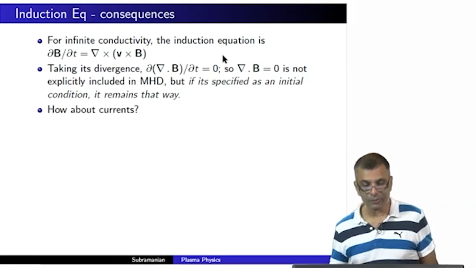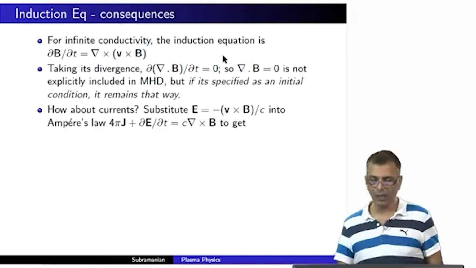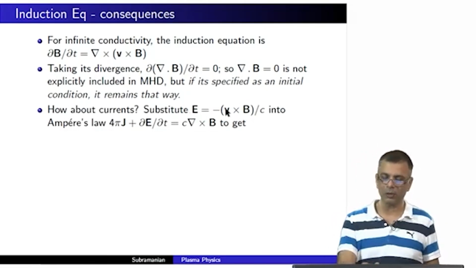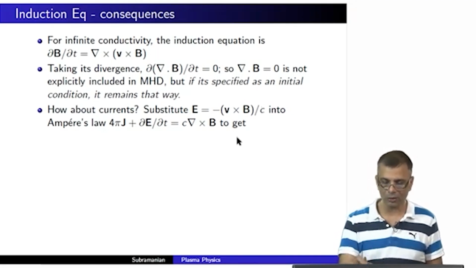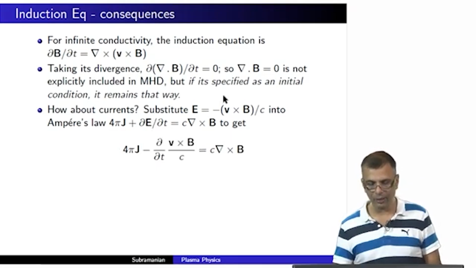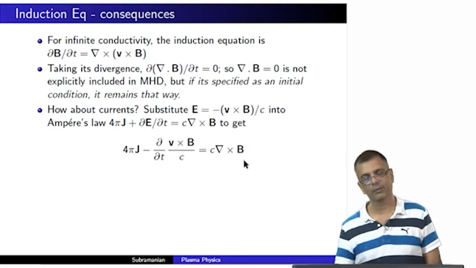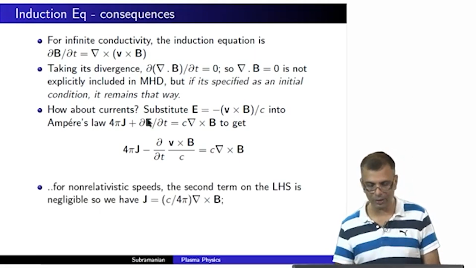Now, how about currents? This is very interesting. We substitute E equals V cross B over C into Ampere's law here. So, this dE/dt, we substitute this here and we get that. There's no mystery.